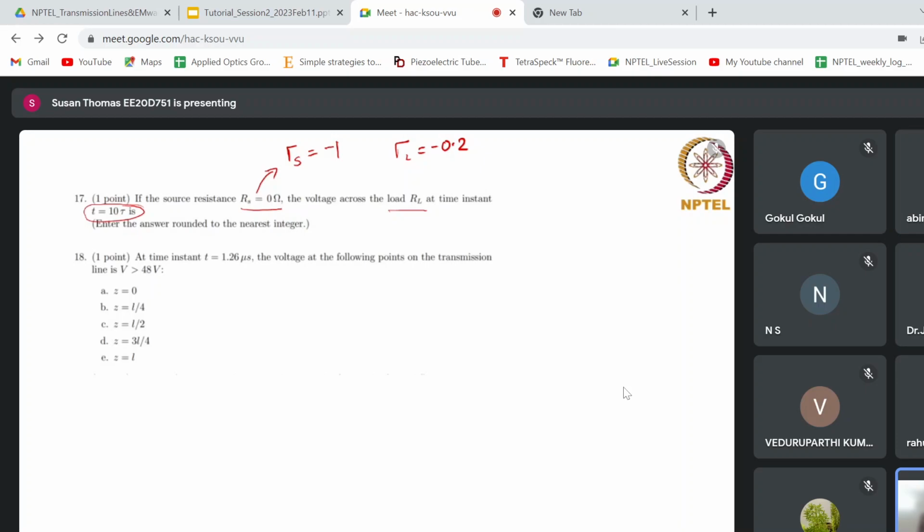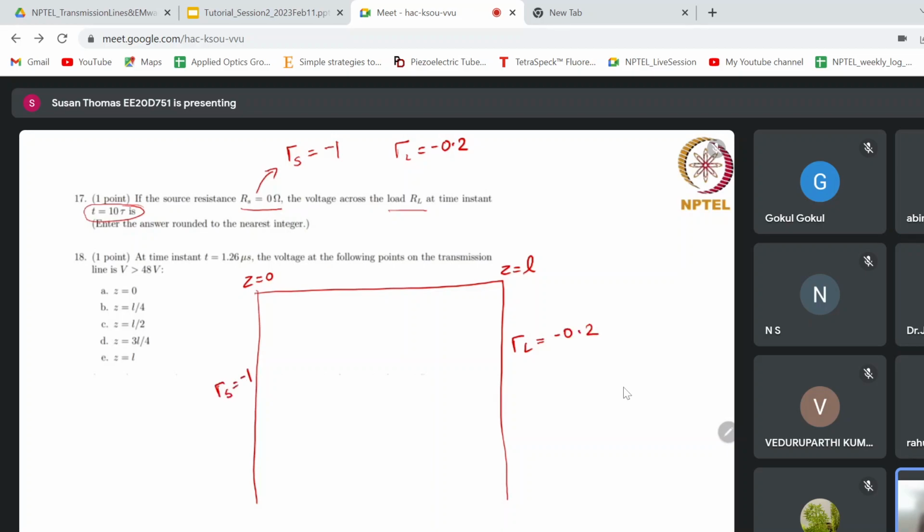Now, let's redraw the voltage bounce diagram. All of you can help me with that. This is Z equal to 0 and this is Z equal to L. Gamma L is minus 0.2 and gamma S is minus 1.